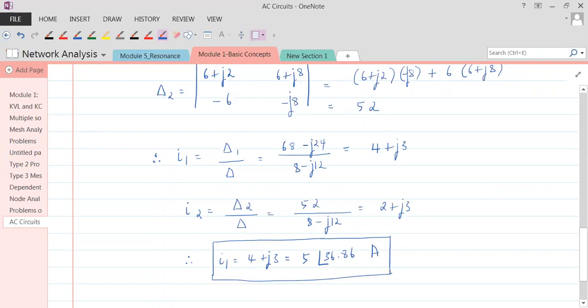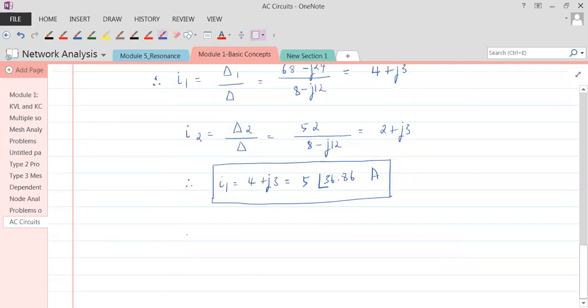This is I1. Similarly, what is going to be your I2? 2 plus j3 in polar form. We type 2 plus 3i, and in r theta form it is 3.605 at an angle of 56.30, or 56.309, we can write 56.31 amps.